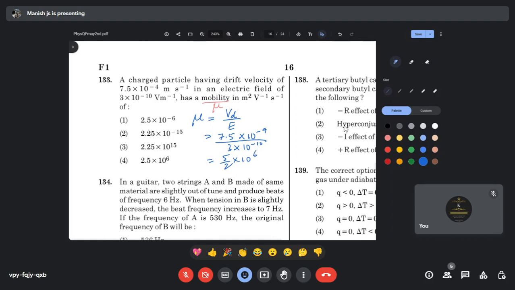Option 4, sir. Correct, 5 by 2 is nothing but 2.5 into 10 to the power 6. Answer is option 4. Perfect. Clear? This is how you do this question. Again, this formula for electron mobility you need to remember. All right, we'll move on to the next question.